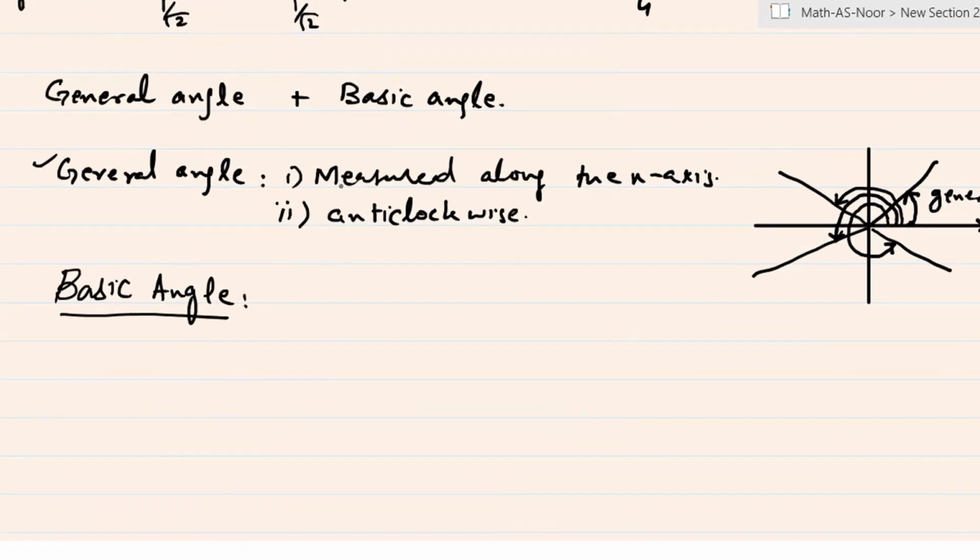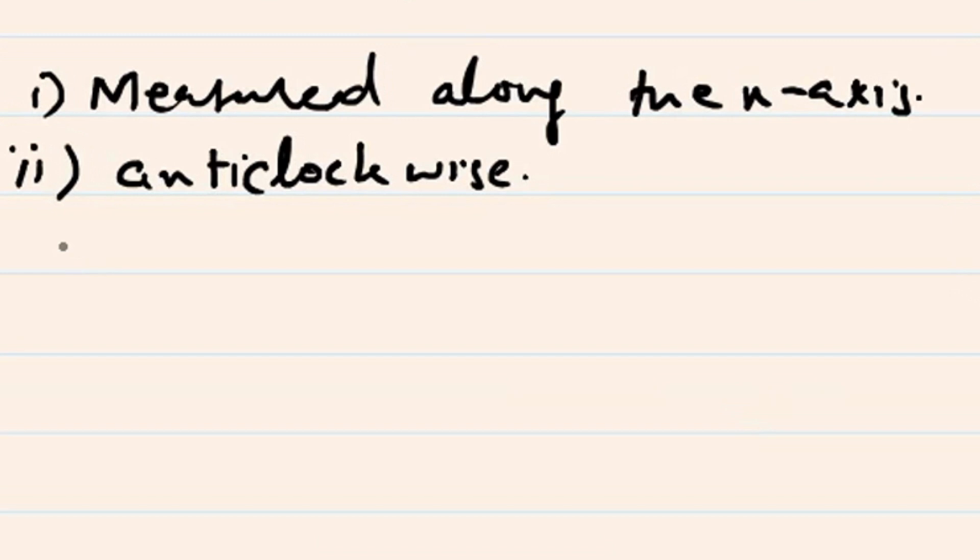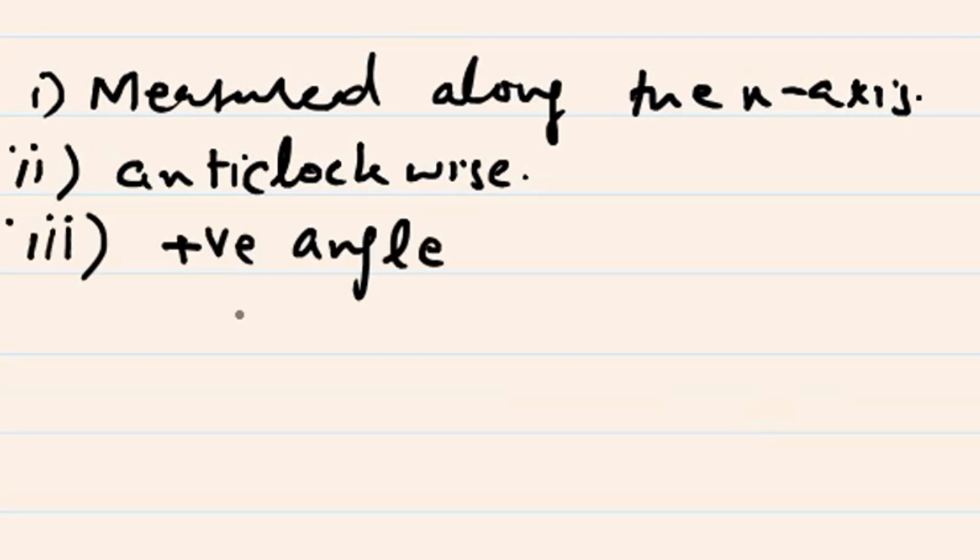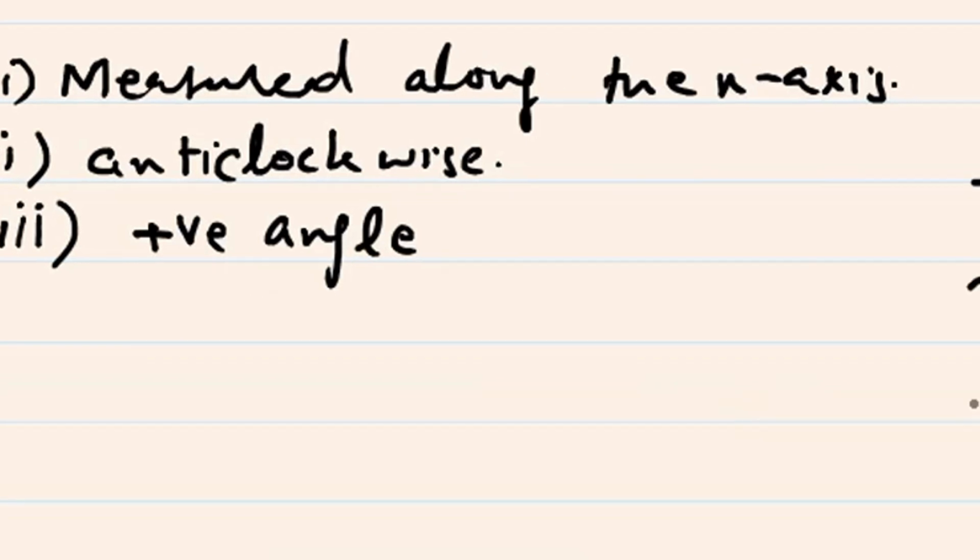In journal angle, if you are moving in anti-clockwise direction, your angle would be positive. Positive angle and negative angle: sometimes you might get the answer in the form of minus 60 degrees. You can see that the angle is negative. So in case of minus 60, your direction would be clockwise.